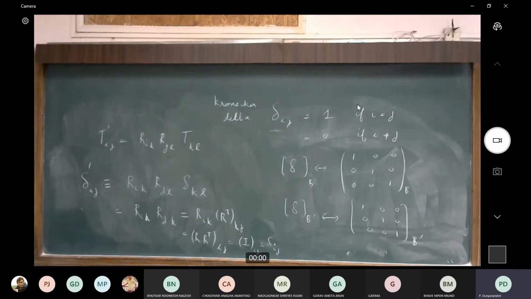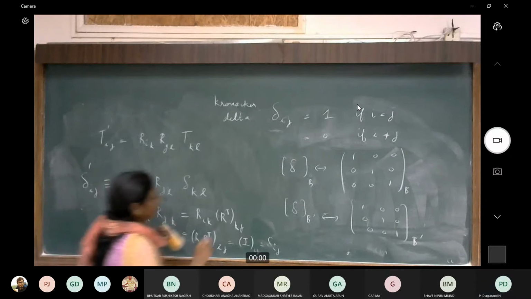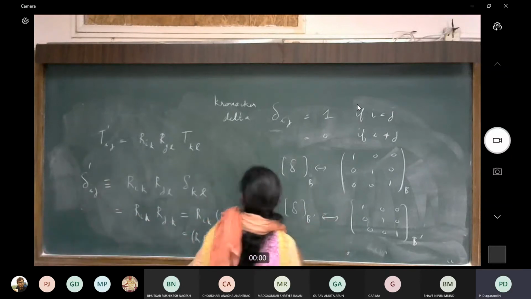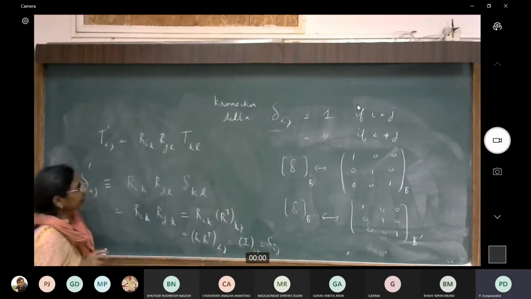And as you can see, why do I call it special? It is special because the components do not depend at all on which coordinate basis you're using. They are independent of the coordinate basis. And we'll see later that such a tensor is called an isotropic tensor.